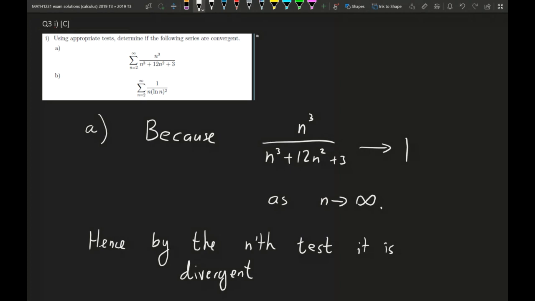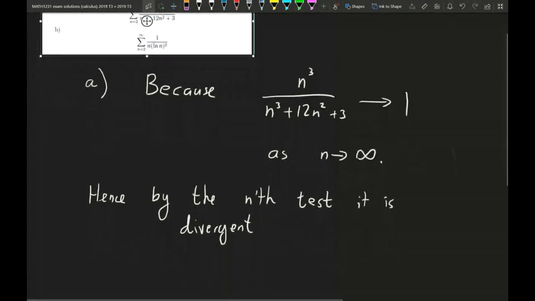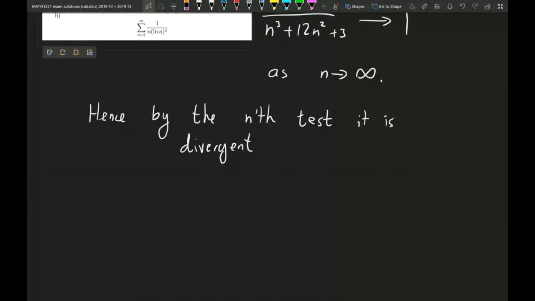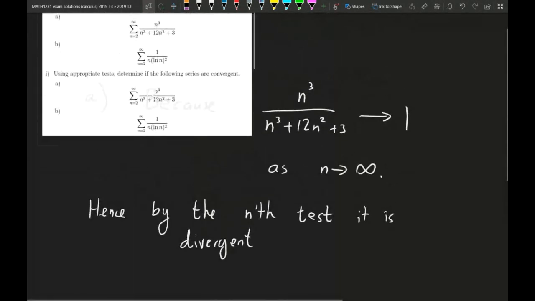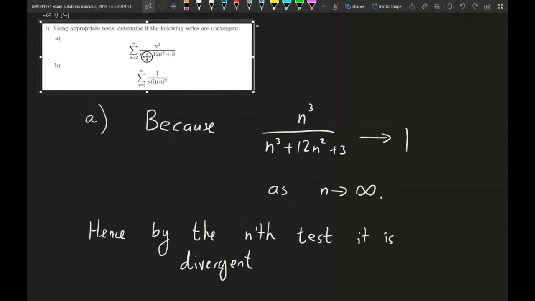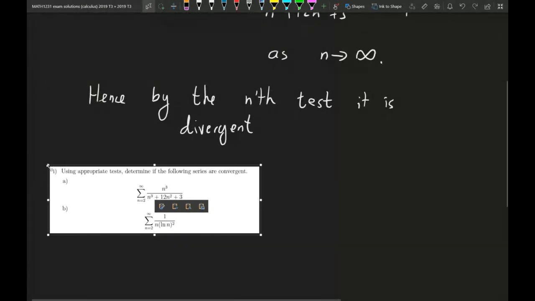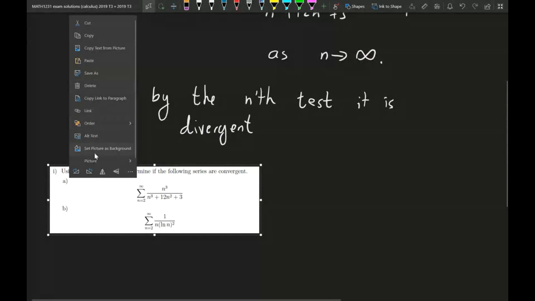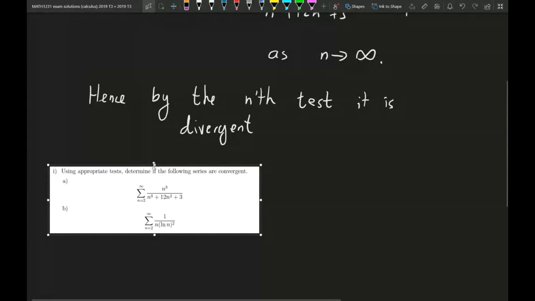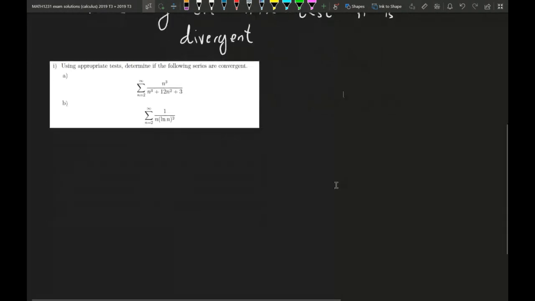Okay, so that one's fairly easy. What about the next one? Should be a simple way to crop that. Oh. So what about part B? Does anyone want to give me a quick idea of what they think about part B?